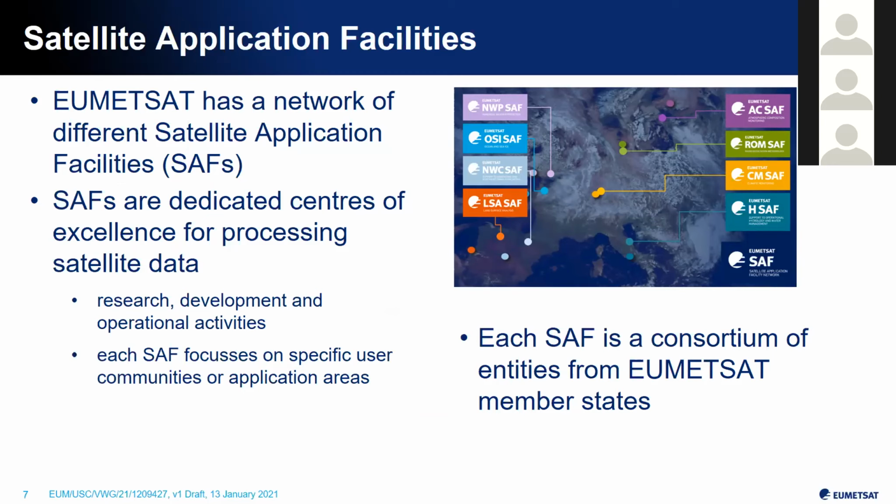Here we collaborate a lot with entities in our member states, and each SAF is a consortium of entities from different EUMETSAT member states, which makes working within a SAF and working with SAFs so interesting and so exciting, I think. And the tool we're going to hear about today was developed within the CMSAF and was originally specifically developed to work with CMSAF data, but it is applicable to more and more spatial climate data records.